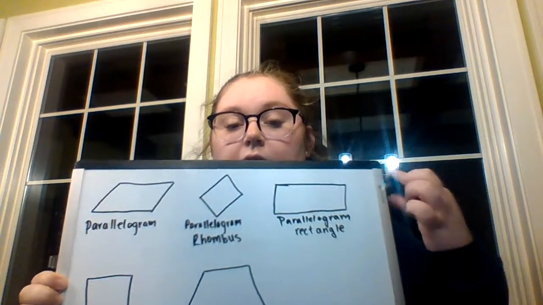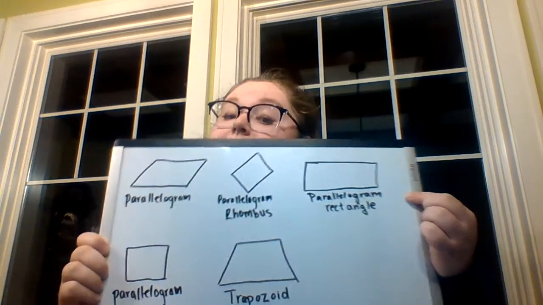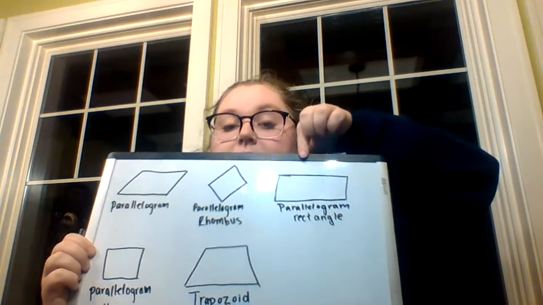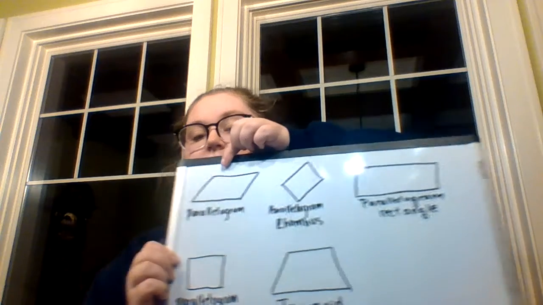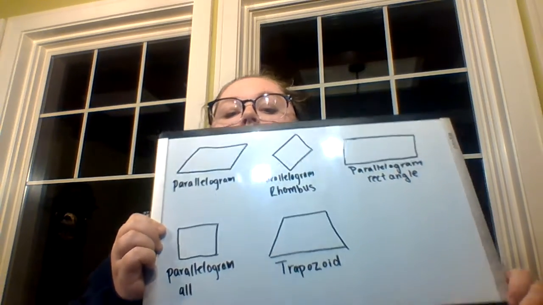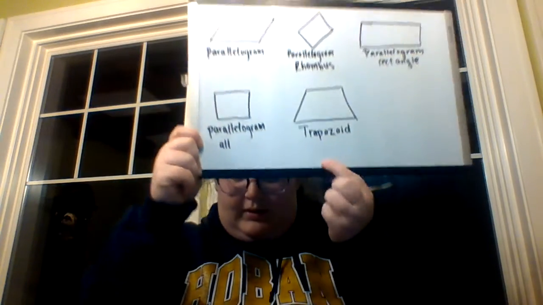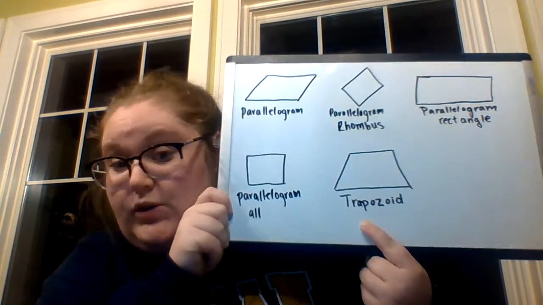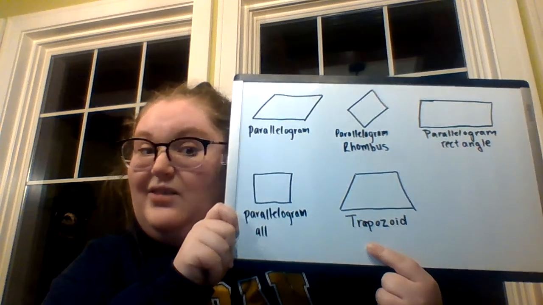So my parallelograms, I have my rectangle, I have my rhombus, and then I also have my parallelogram, which has four equal sides that are parallel with each other. So this is our new shape, a trapezoid. So it looks kind of funny, right?